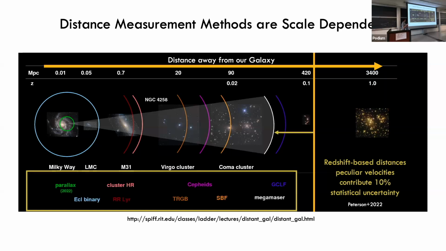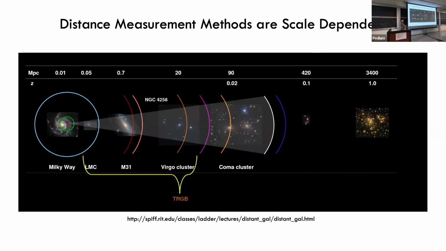But within a redshift of 0.1, being a pretty conservative estimate, we need different methods to get robust and precise distances. Among these, we have resolved star-based methods such as the tip of the red giant branch, as I'll be talking about. Cepheid variable stars are earlier, and there's a number of other methods, including geometric-based methods listed at the bottom of this figure.